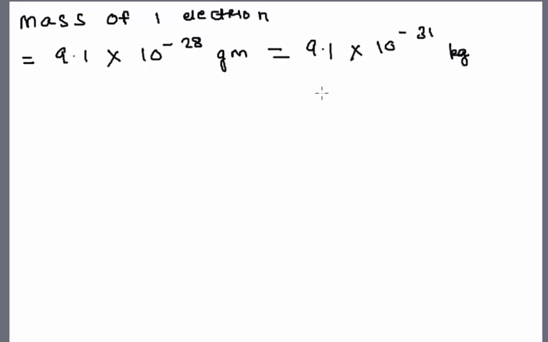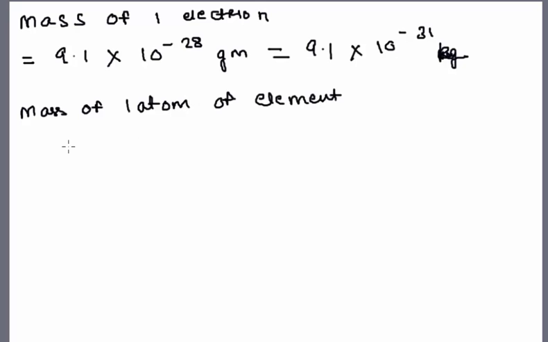Fine. So this is some experimental data which I have just shared with you. Now when I have to write the mass of one atom of an element, it can be written as, see, in the atom you find the nucleons and the electrons.